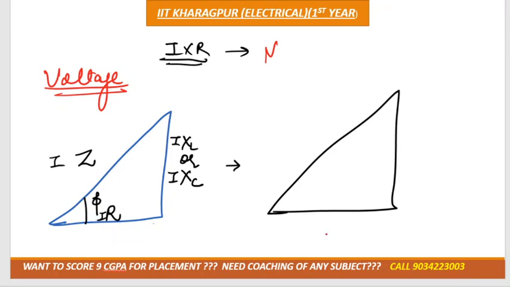So I into R is how much? VR, I into R, right? I into XL is basically the voltage drop across the inductor, right?